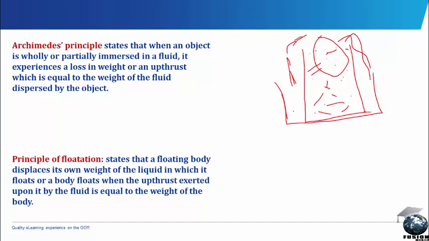When I collect this water from the collection bowl down, you'll notice that the weight of the water in that collection bowl will be equal to the weight of this object, or the apparent loss of weight of this object. We say that that apparent loss in weight is called upthrust, and that upthrust is equal to the weight of water collected here.